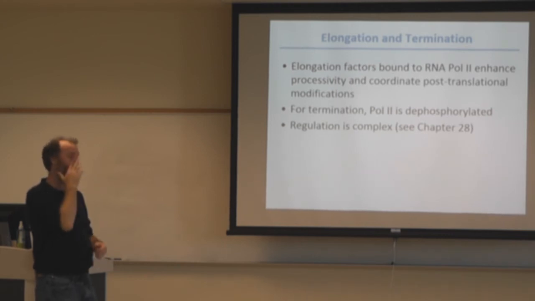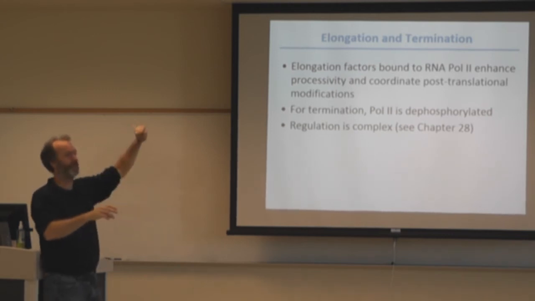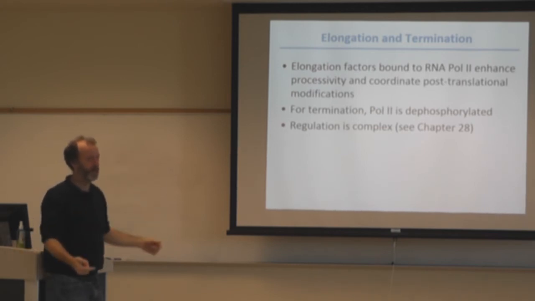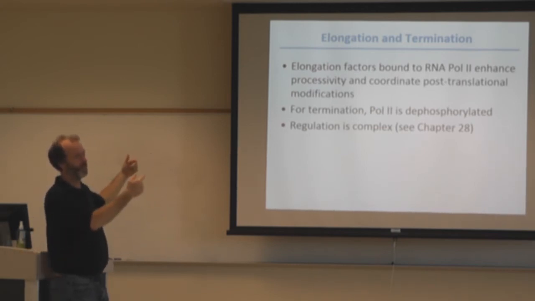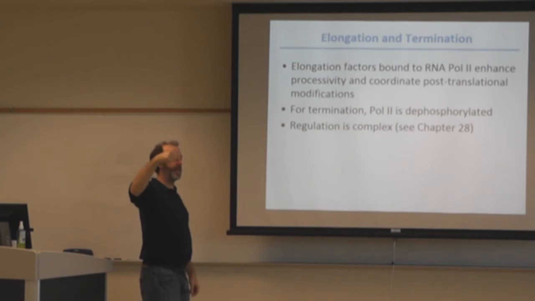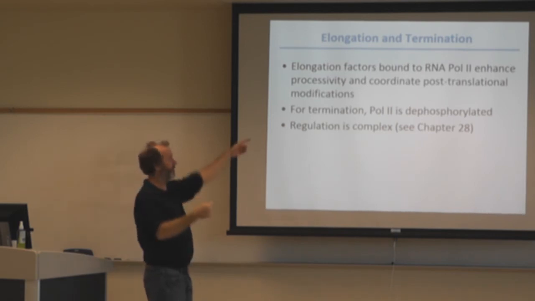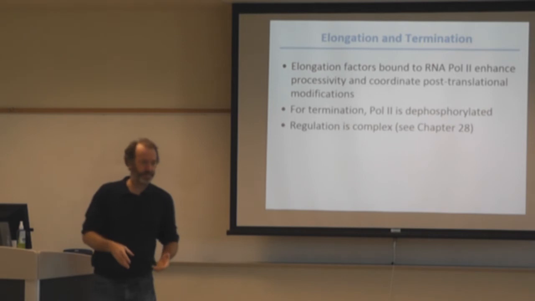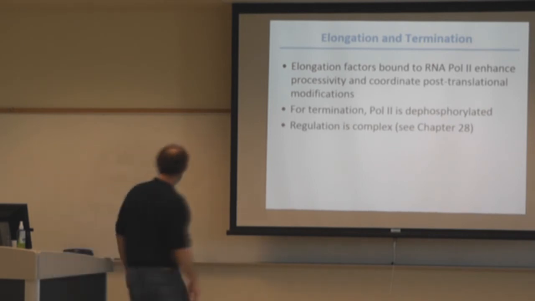It gets capped because that 5' end comes out, and you make the cap right away. So the first thing you do is make a cap, and then as introns come out, the spliceosome is going to splice the introns out. And then at the end, there's a poly-A site that's recognized by one of the elongation factors that then adds a couple hundred A's at the end. So that's basically it.